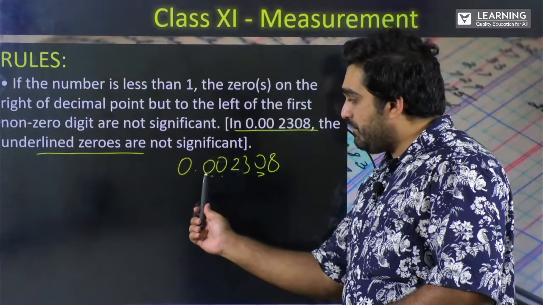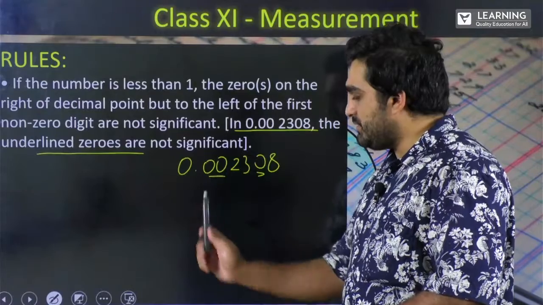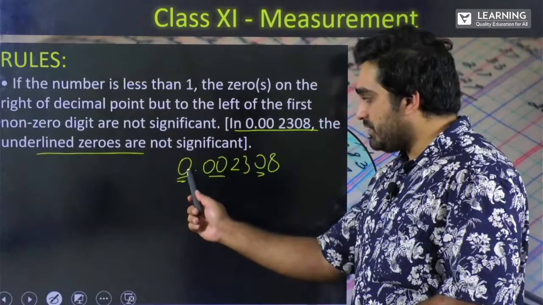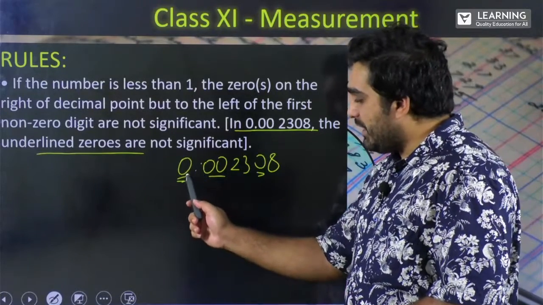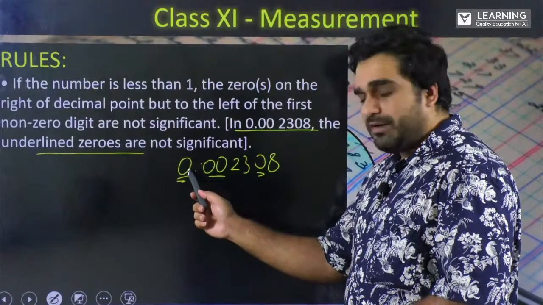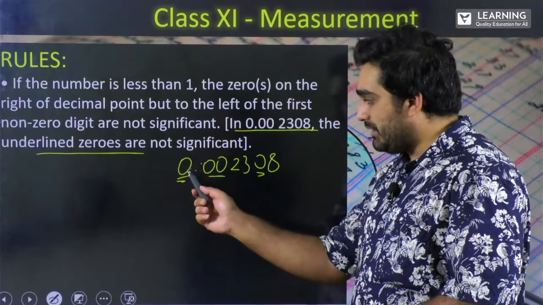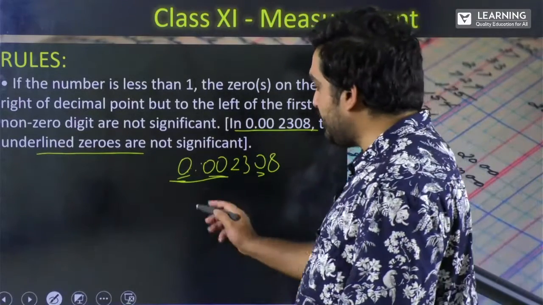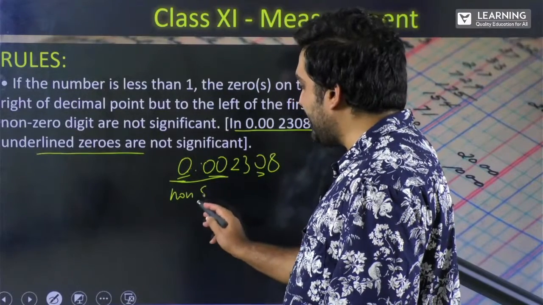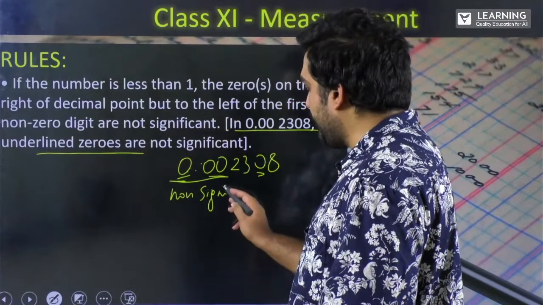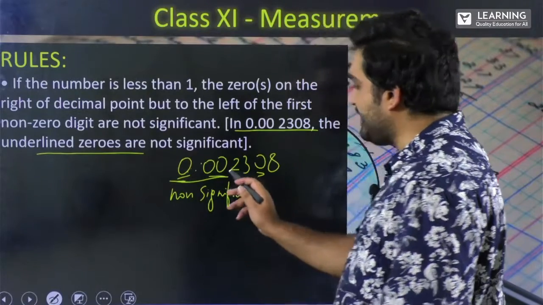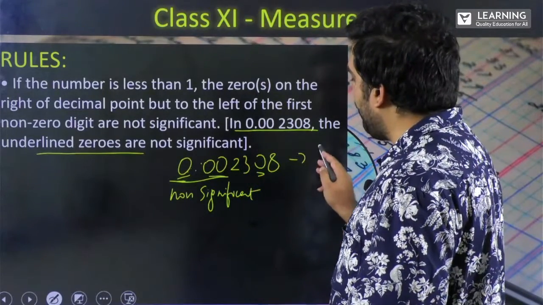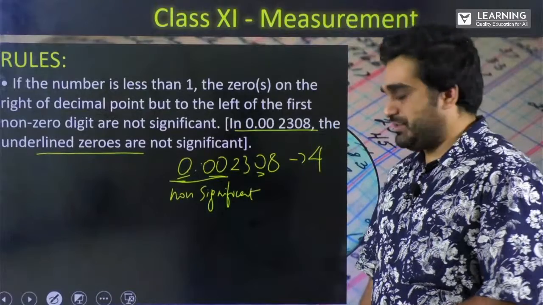But the zeros before the non-zero numbers, and also the first place, which is 0 point, make an entire difference. If the first digit is less than 1, that is 0 in this case, then all the remaining zeros followed by a decimal are also non-significant. So how many significant figures exist here? Just 2, 3, 0, 8, a total of 4 significant digits.